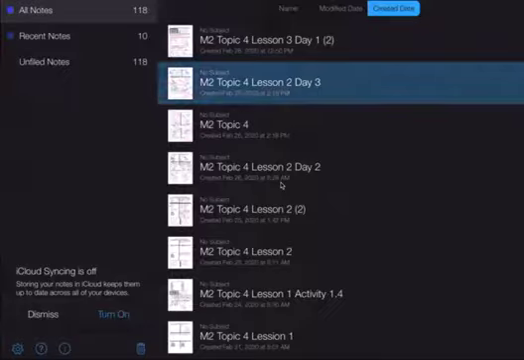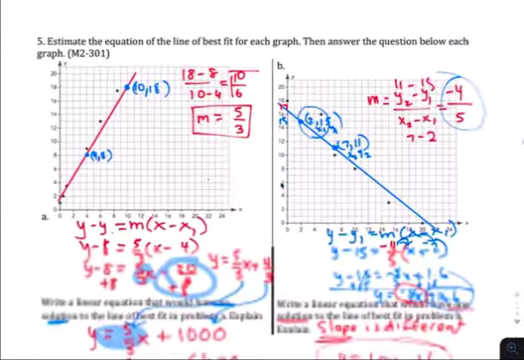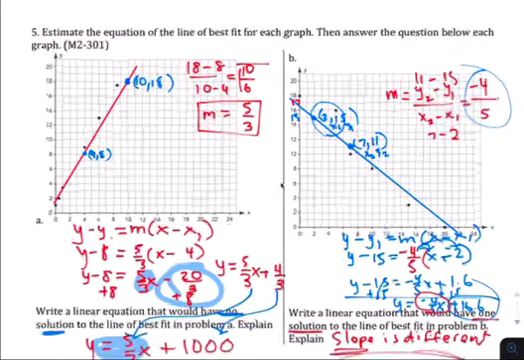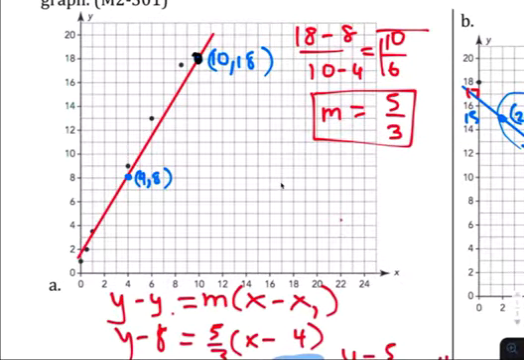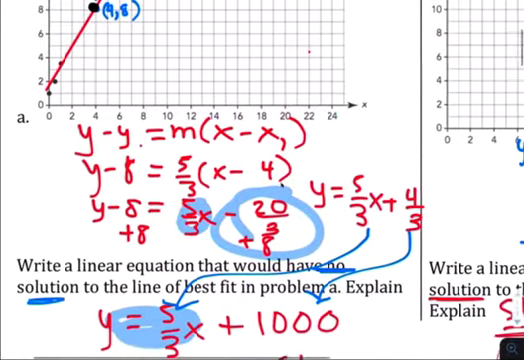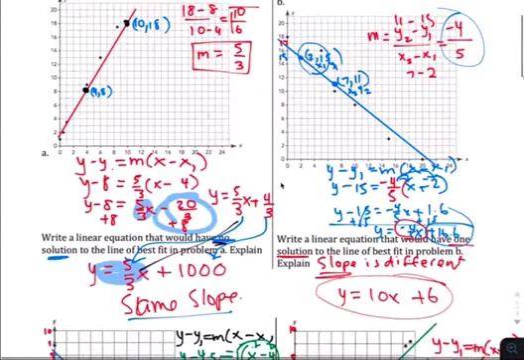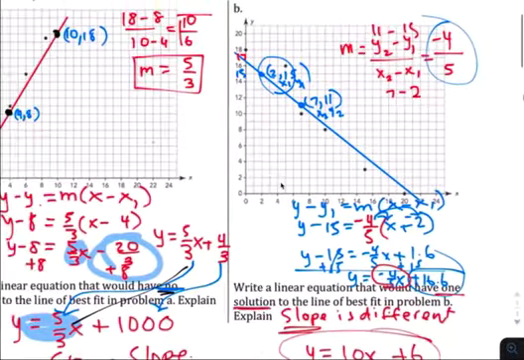And then the other part is this one here. So if you didn't get it, pick 2 points, this point, find the slope, put in point slope, solve it. I mean, no solution, same slope, different y-intercept. One solution, different slope.